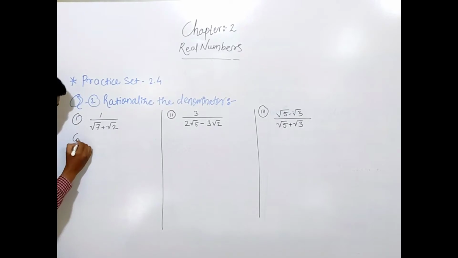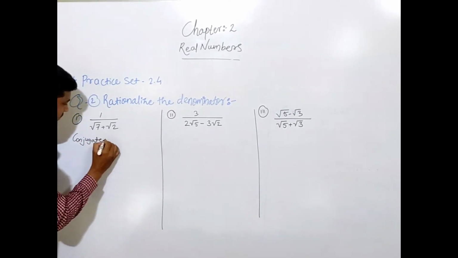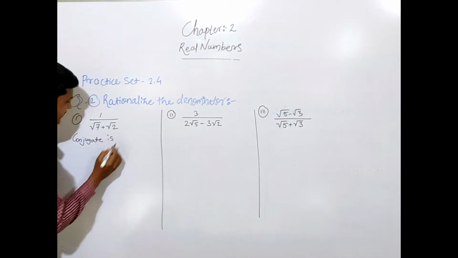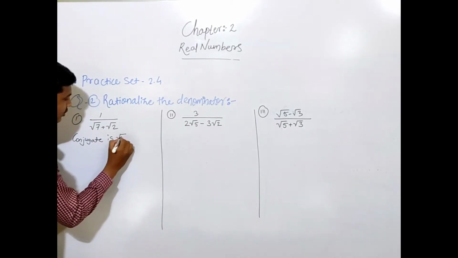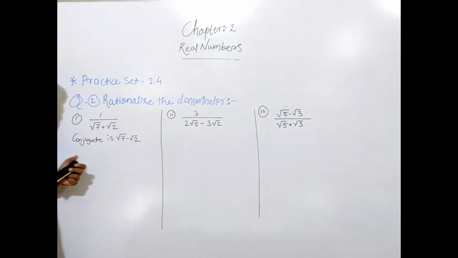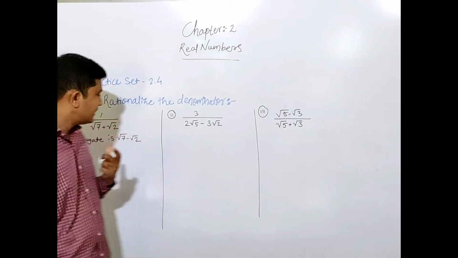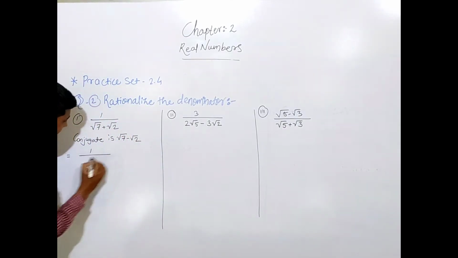The conjugate of the denominator is root of 7 minus root of 2. Now multiply the conjugate to the numerator as well as the denominator in the given example. What do we get here?